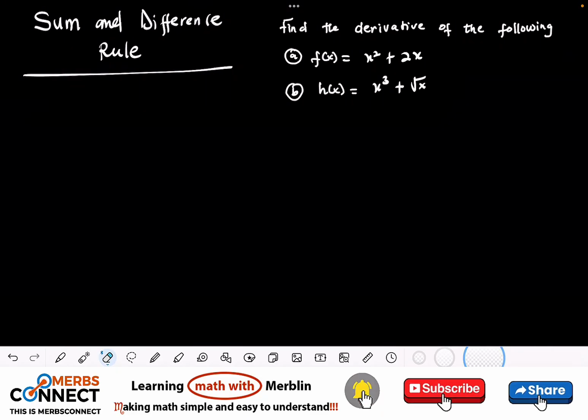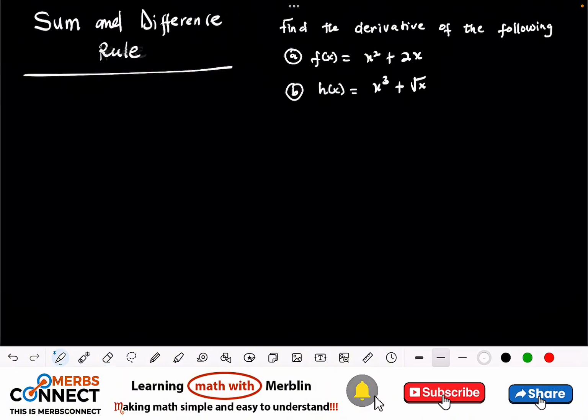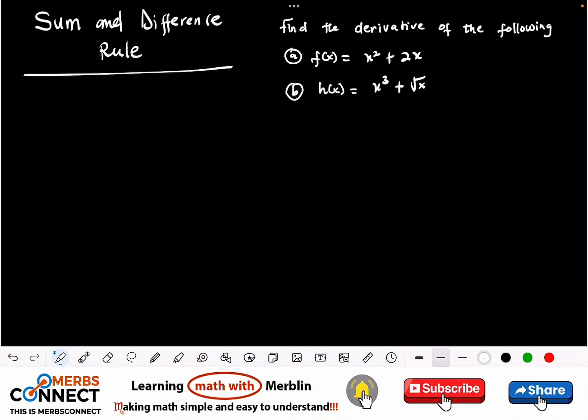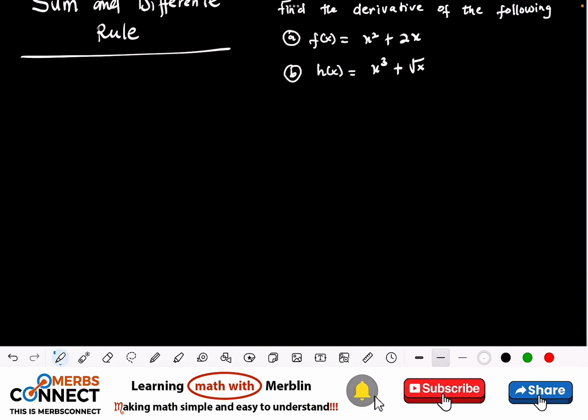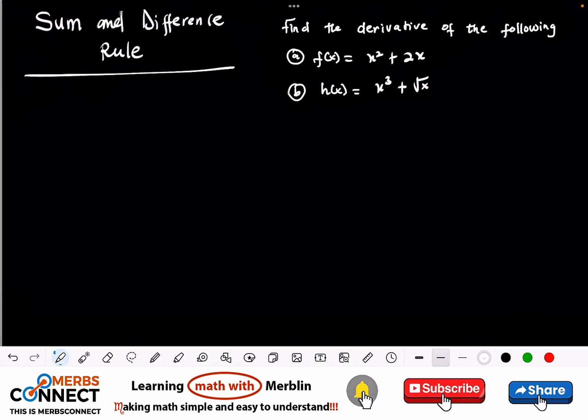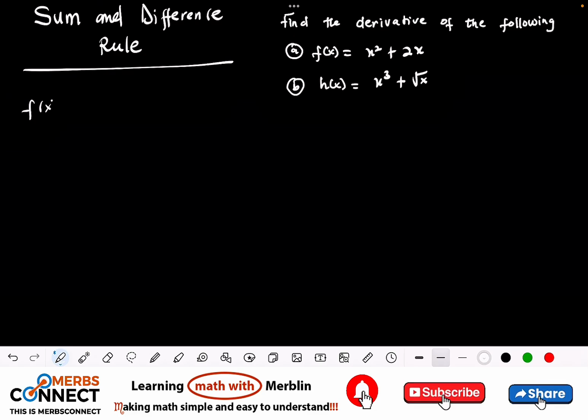Let's look at the sum and then the difference rule. It's very simple. So the sum and difference rule is, let's assume that I have something like, let me say, f of x, which is equal to g of x plus h of x. So this is the sum.